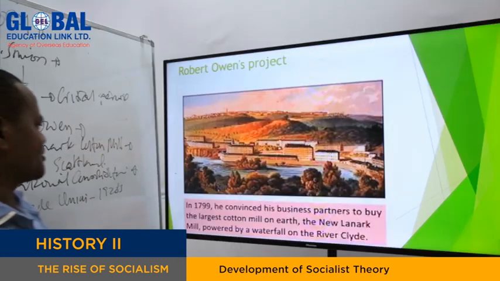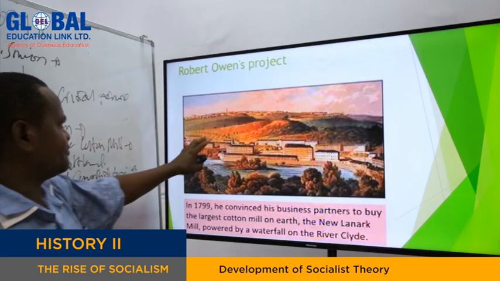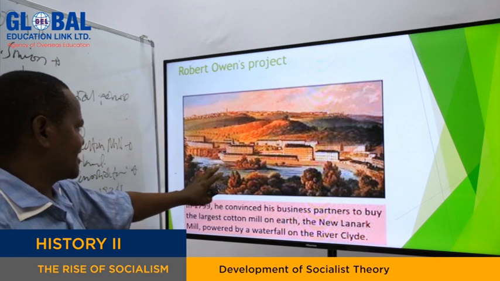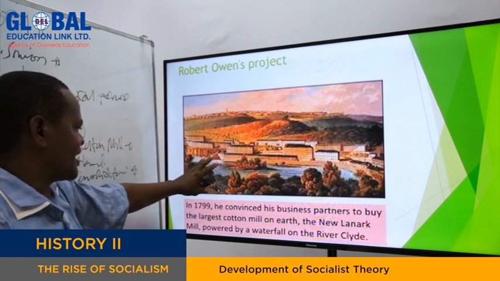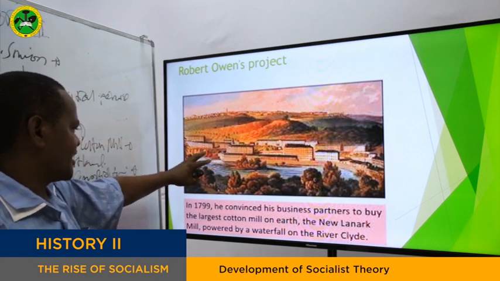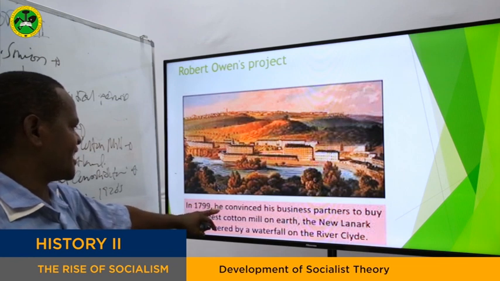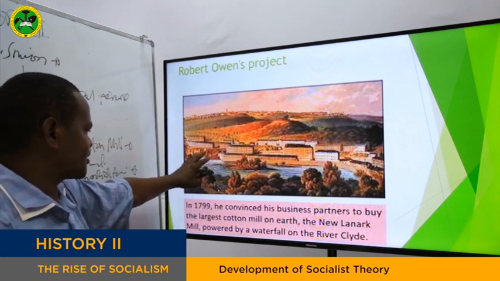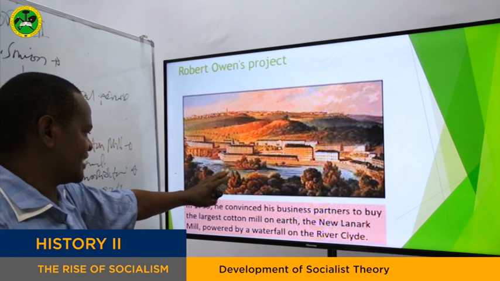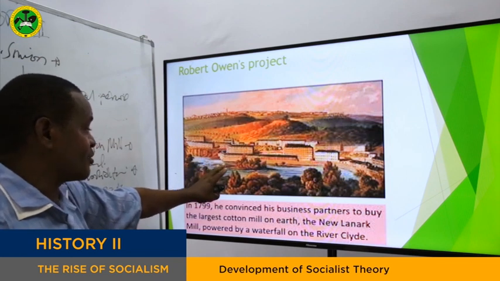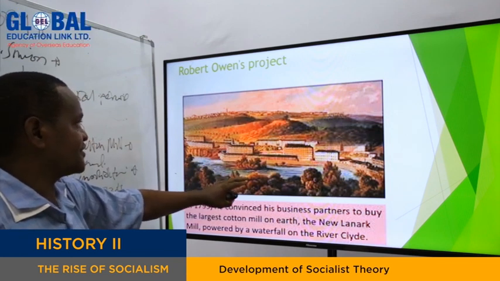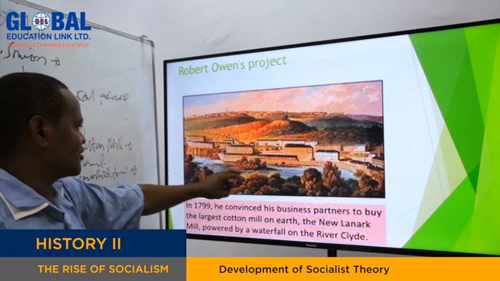As you can see, my dear students, this picture shows the Owen project. This is the industry established by Robert Owen, and this was in 1799. He convinced his business partner to buy the large cotton mill at Lanark, as I've said, and it was powered by waterfalls on the riverside, very close to a river.